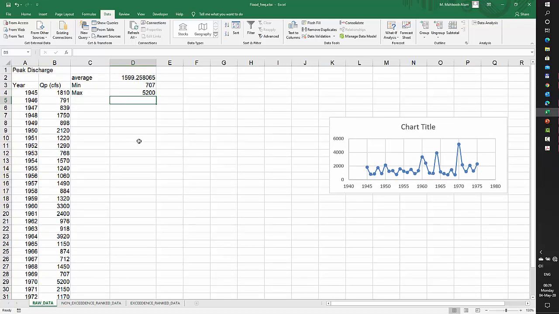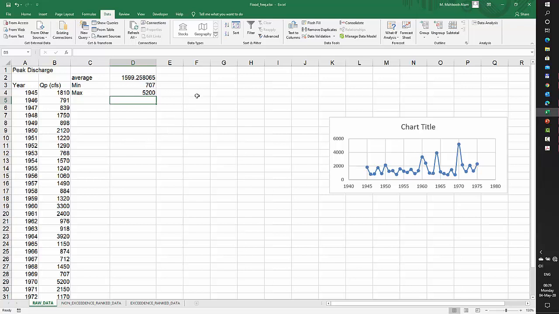We need to find out that for a certain range of values, for example, from 500 to 1000 cubic feet per second, how many times in this recorded time series we have a value between these two limits. So how many times was the yearly maximum discharge value between these limits? This is basically what a histogram tells us.